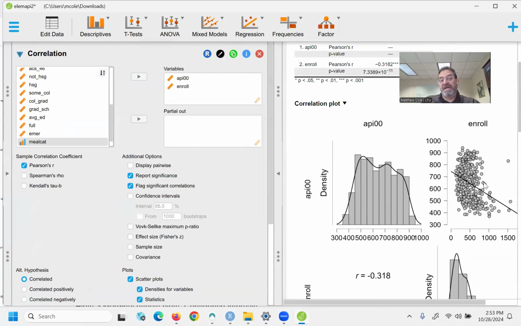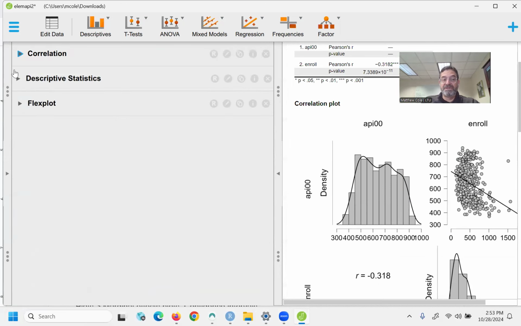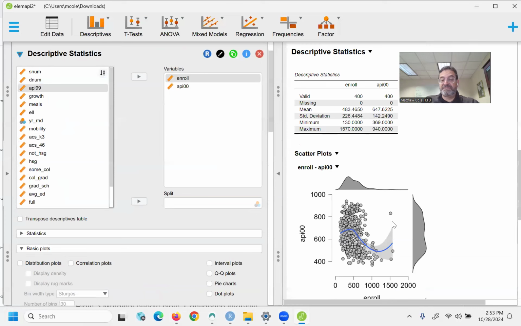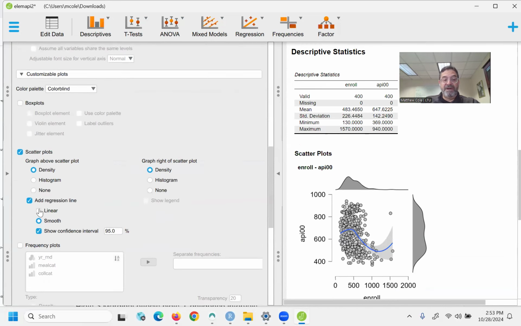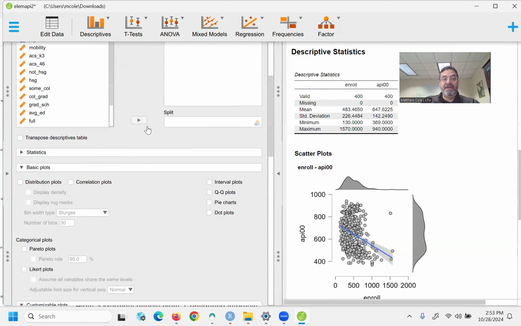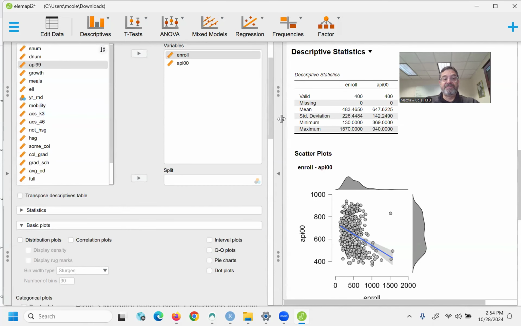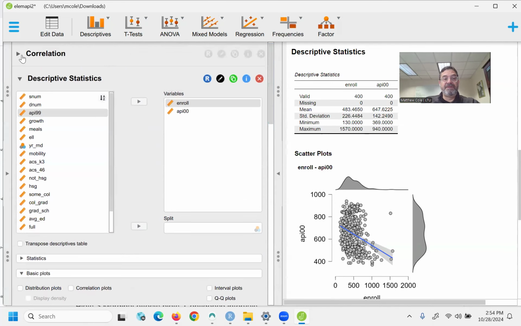And we saw that in JASP, we have a couple of different ways we can do the scatter plot. We can do it right here in correlation, but we can also generate a scatter plot in descriptive statistics, and we can ask for the same linear line that's generated in the correlation scatter plot that we did up here.